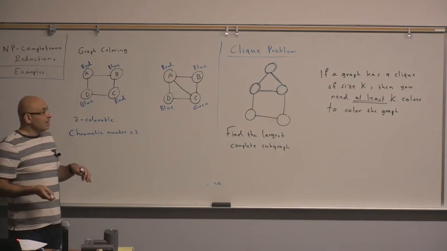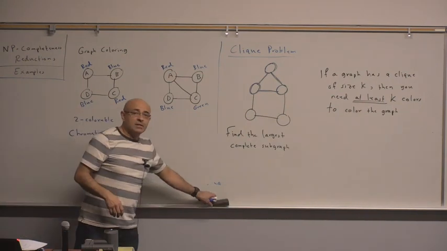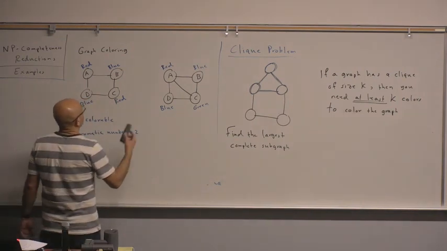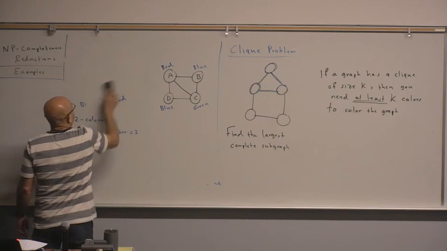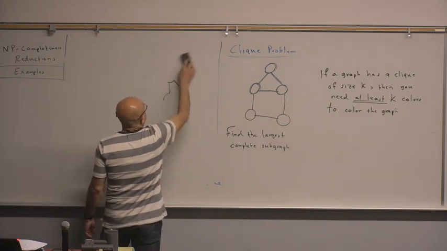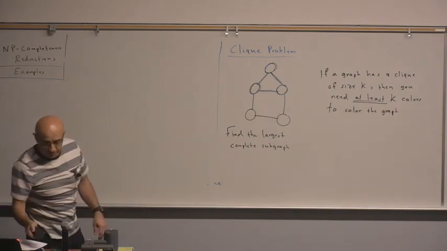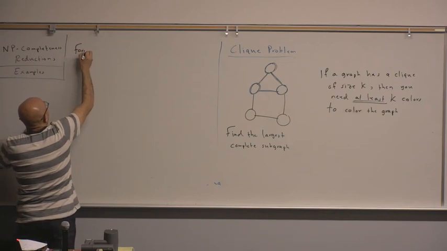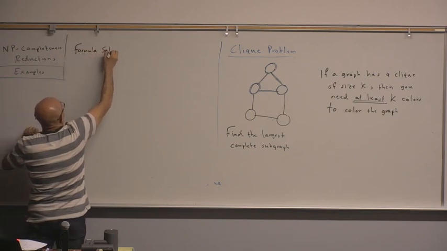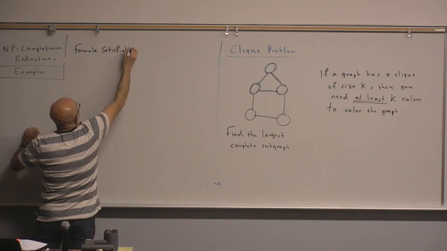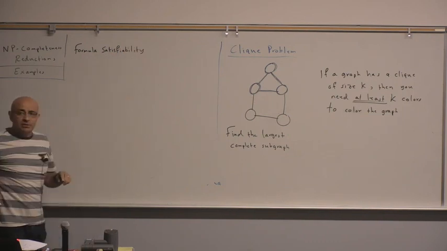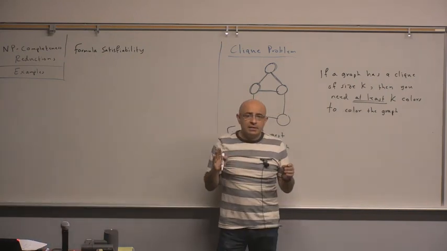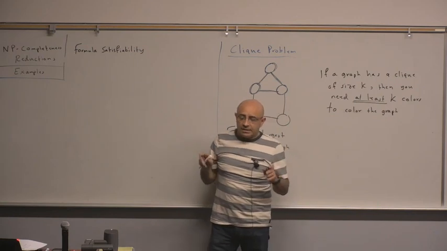Okay. The third problem that I wanted to mention is a special form of the formula satisfiability problem. Remember the formula satisfiability: you are given a logical formula, and the question is, is there a satisfying assignment?